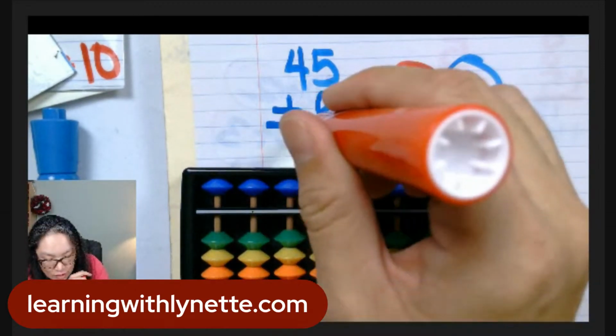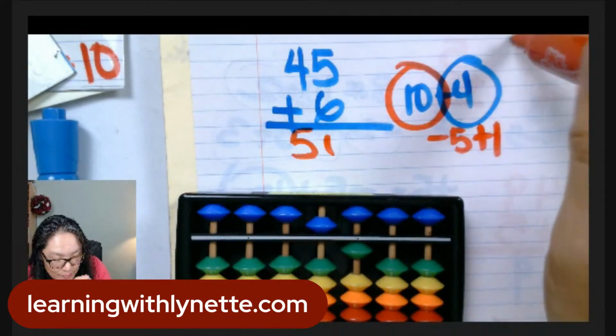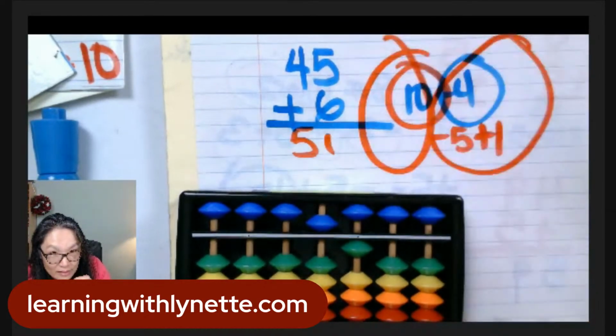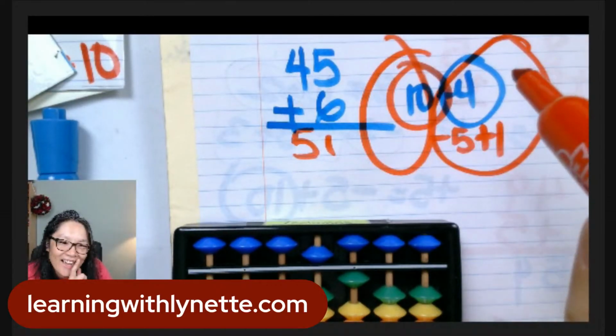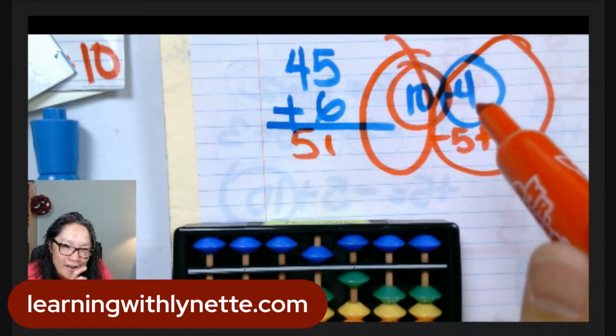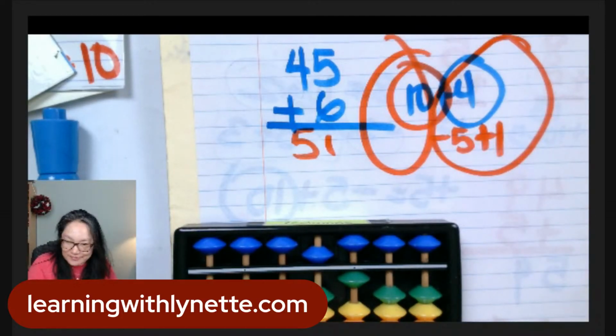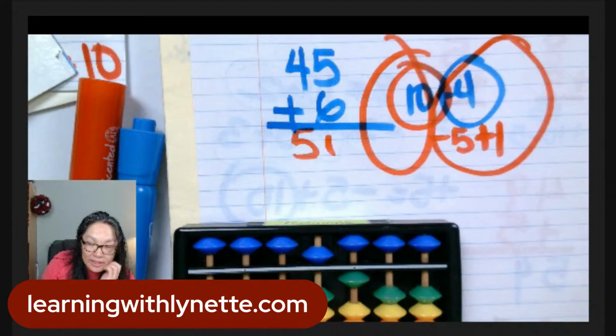Does that make sense? So what did we just do? We did a one step here, and we did another step here. So it can get complicated. You just have to track where your numbers are.